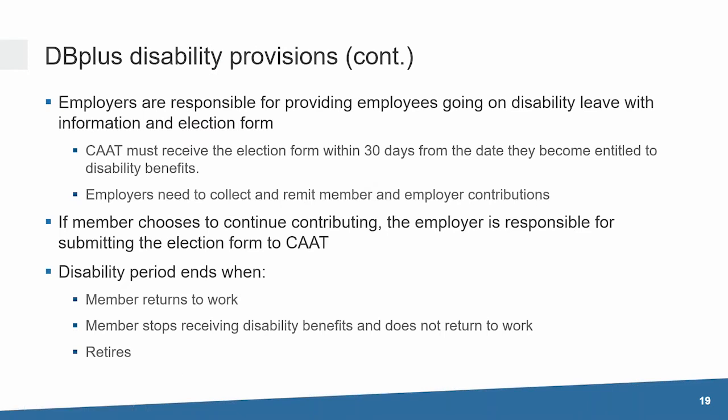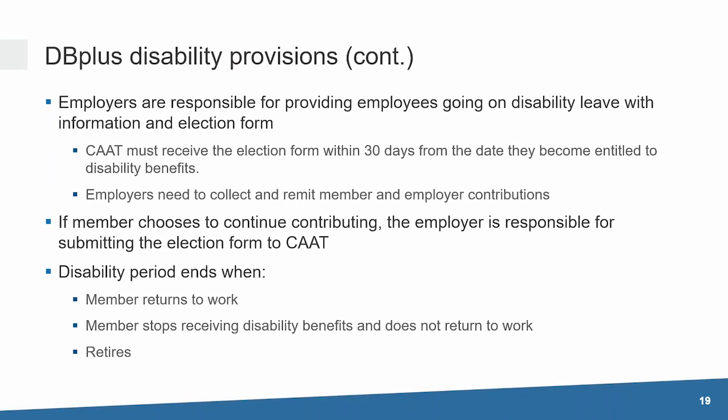As mentioned, it is the employer's responsibility to provide members with information about disability options with regards to their pension, as well as the election form if they want to continue contributing while on leave. The employer will need to collect and remit the member and employer contributions to the plan.